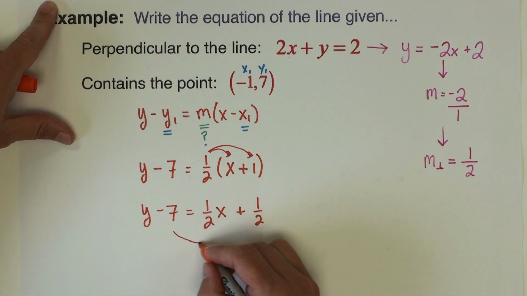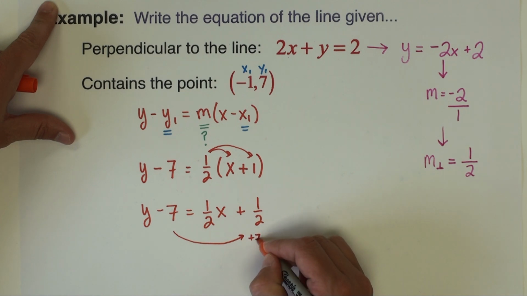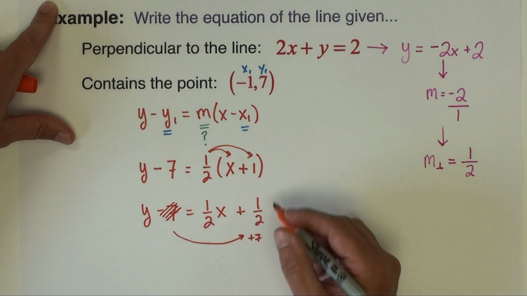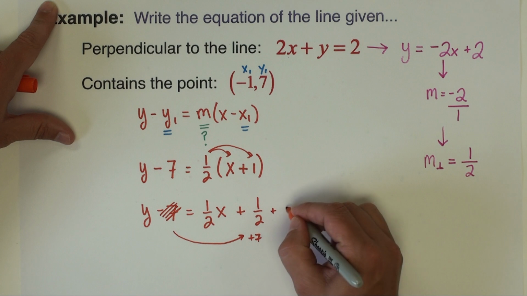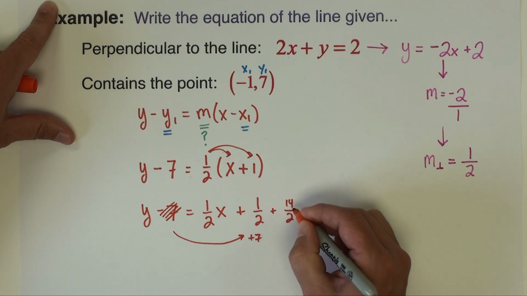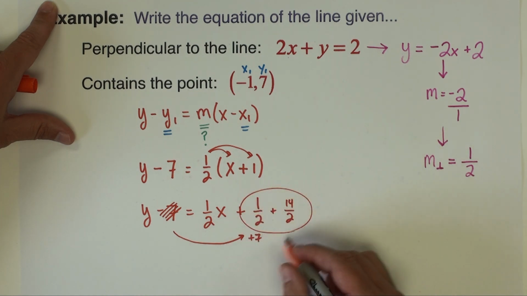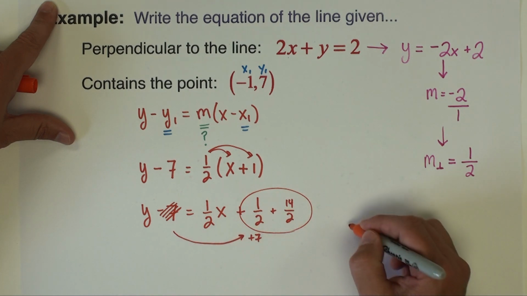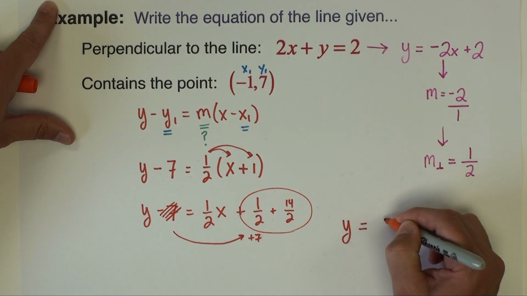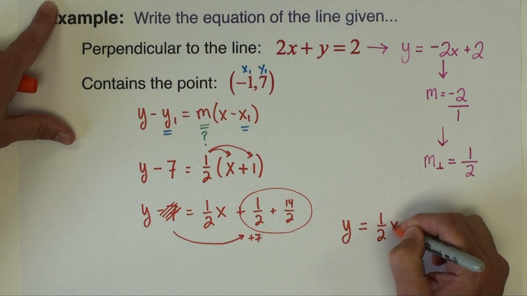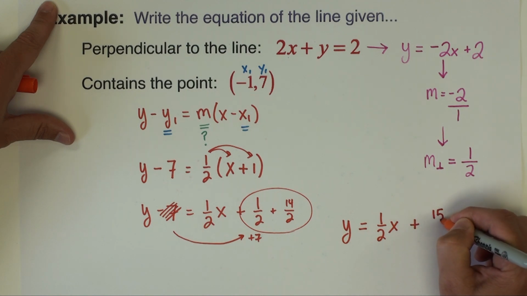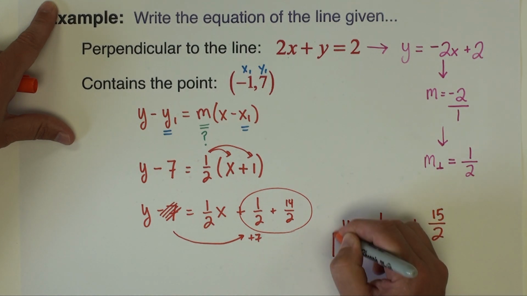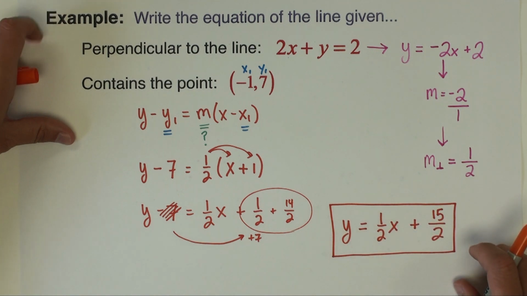And then I'm going to add this 7 to both sides. Now 7 is the same as 14/2, so that I can add these numbers together. And I'm going to get, let's write it over here, y equals half x plus 15 halves.